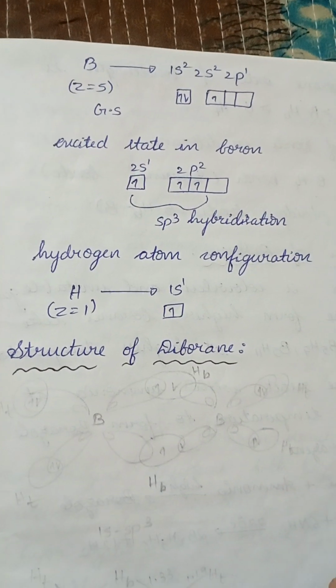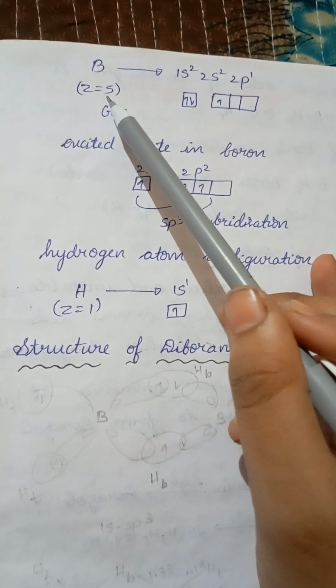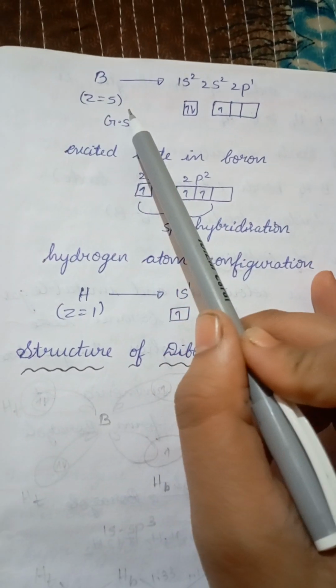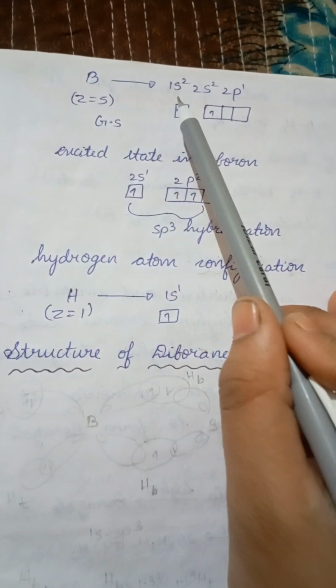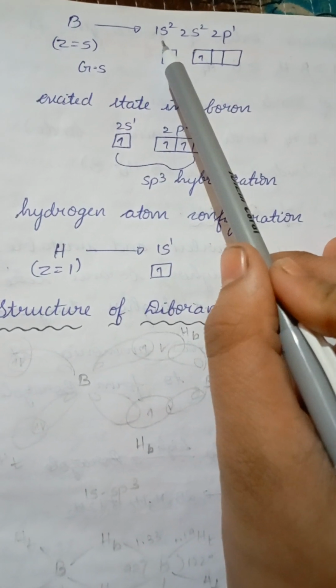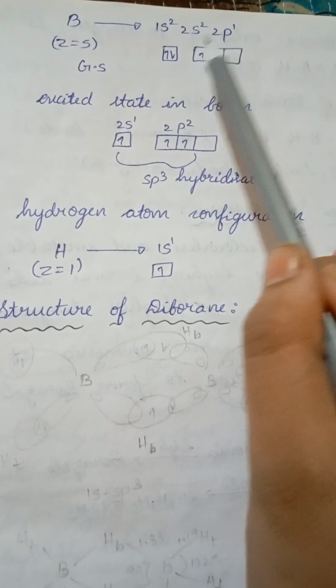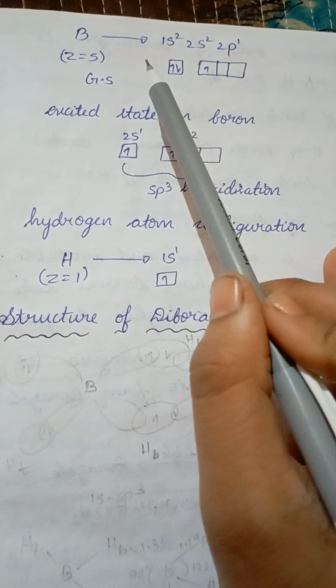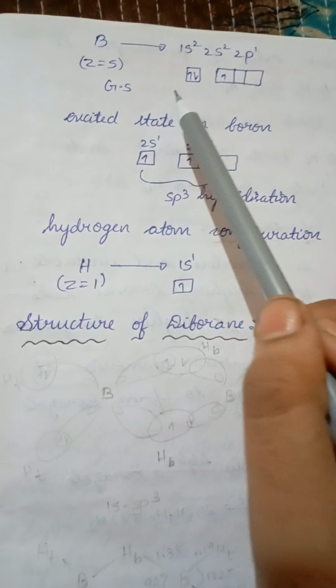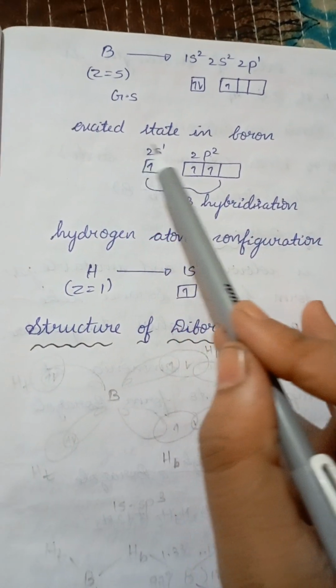Here comes the electronic configuration of boron. You know that atomic number of boron is 5. So the electronic configuration will be 1s2, 2s2, 2p1. Here you can see that it is in ground state. If we give some heat, then it comes to excited state.